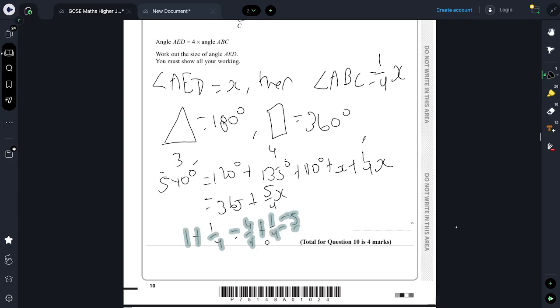Because this addition can be quite heavy, just do column addition: 120, 135, add 110, that's 365. In a non-calculator exam, don't be afraid to use mental methods to work out sums like this. And that's 540. Then you subtract 365 from both sides.